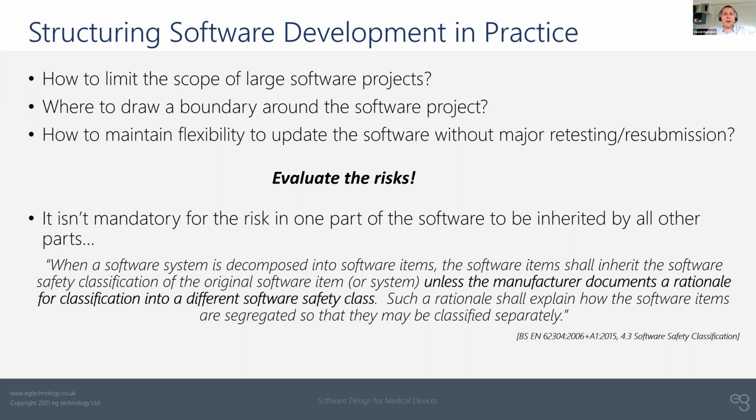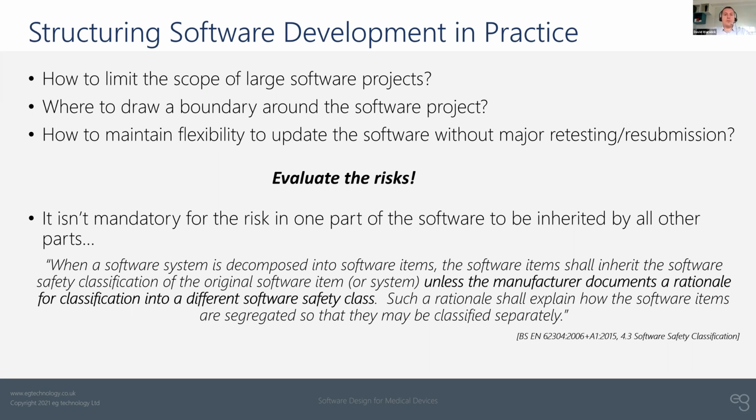How do you draw a boundary around what the software does in a way which allows you to maintain flexibility and issue updates without going through huge amounts of retesting or resubmission? Because I'm sure many of you will be aware that in the regulatory process, particularly in Europe for the MDR and IVDR, all the notified bodies have extensive timescales and lead times on doing product reviews.